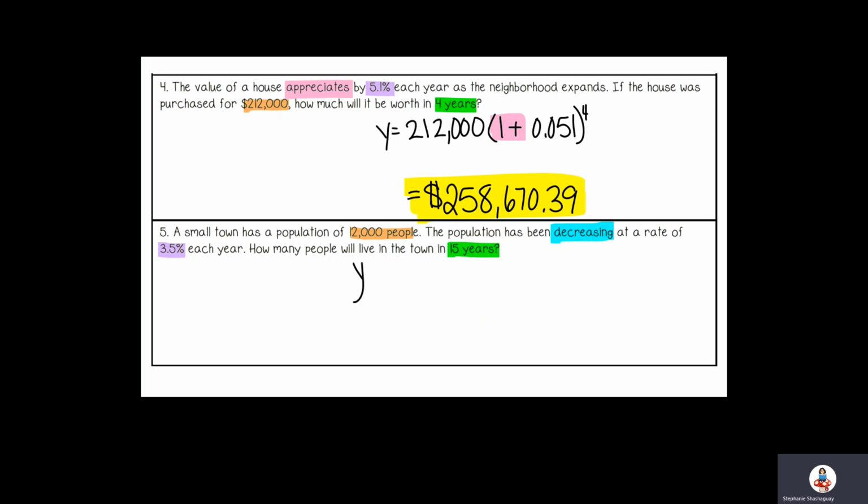So y is equal to 12,000 multiplied by 1 minus, because I'm depreciating, 0.035 to the 15th power. When I plug that all into my calculator, I'm going to get 7,032 people. I don't know why I have a dollar sign. Now all of a sudden people are dollars.